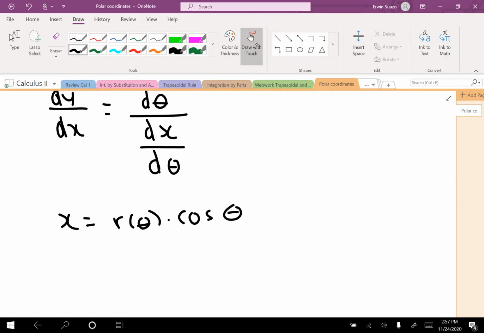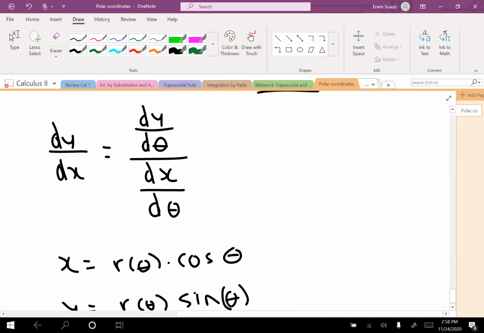Those are your polar coordinates. We usually don't write theta, we just say r, but we know that r depends on theta. Okay, so we are doing the real thing here. We're not pretending.